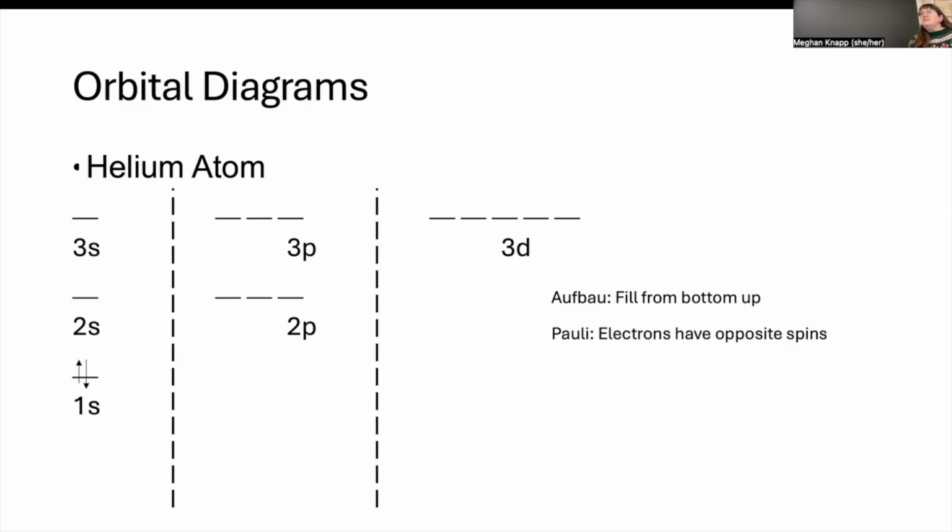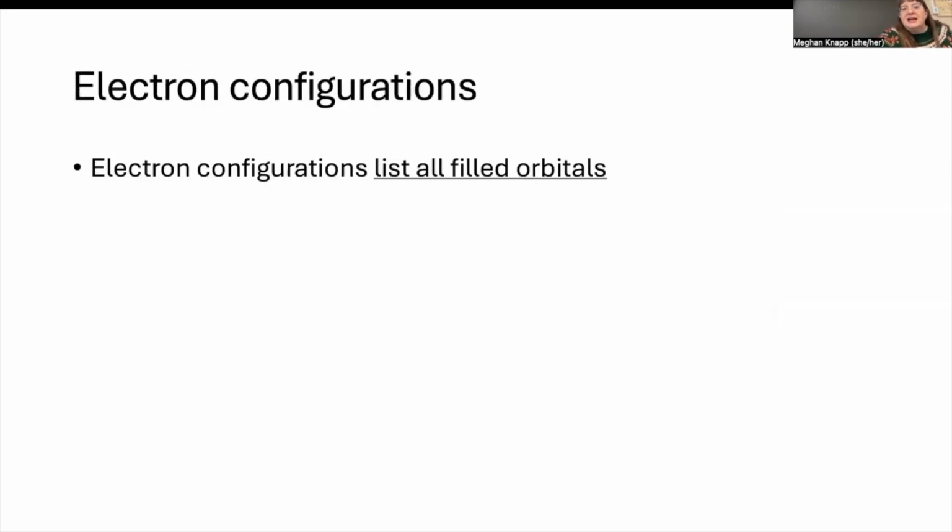The electron configuration is going to tell us, without having to draw it all out, which orbitals have electrons in them. So it's not going to show us the difference between each of the 3 different p orbitals, but it's going to say in p orbitals, this is how many there are. So the way that works is you list the filled subshells, the filled orbitals.